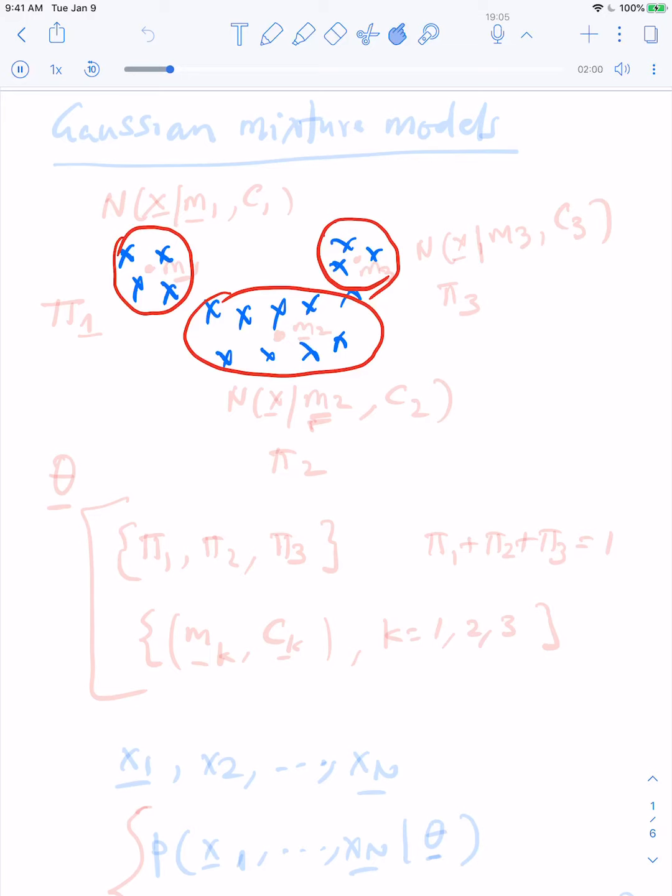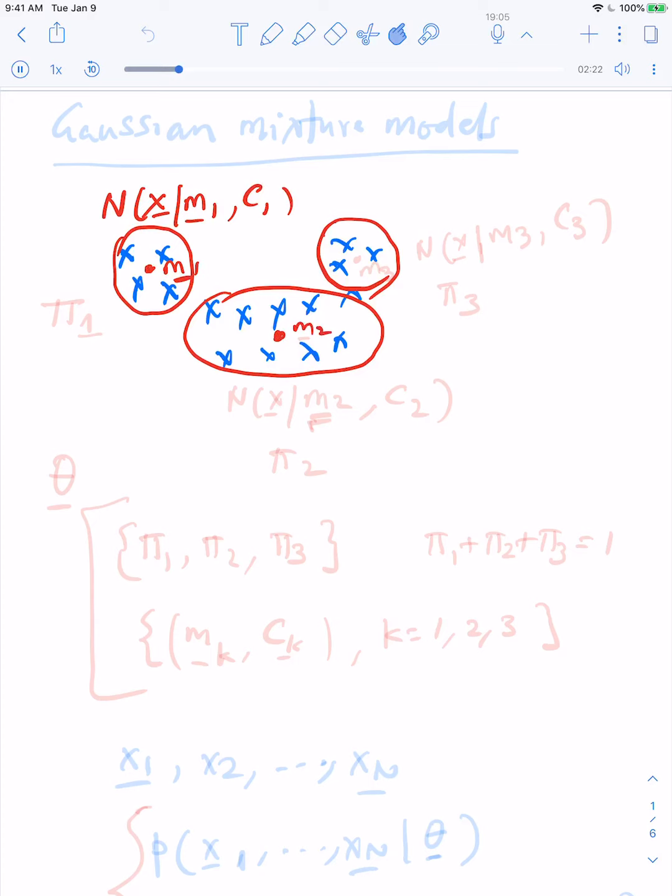You might think of this as a Gaussian density with mean M1 and covariance C1. So this might be your M1 if you estimate it that way.